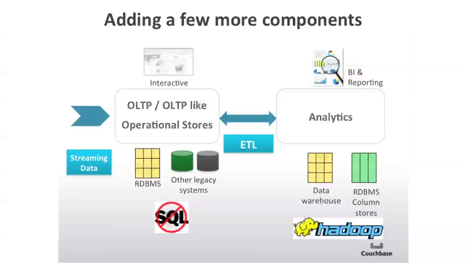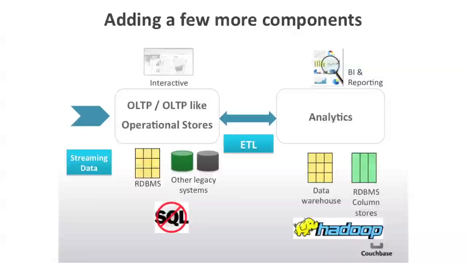To give you more idea, let me add some more components here. Traditionally, we had OLTP or OLTP-like operational stores, which are basically the RDBMS or other legacy systems, and the interactive web or mobile applications were built on top of them. And we had the analytical system, which is the data warehouse or the RDBMS columnar stores, which did all the batch analytics or real-time trend analysis, finding insights or answers.